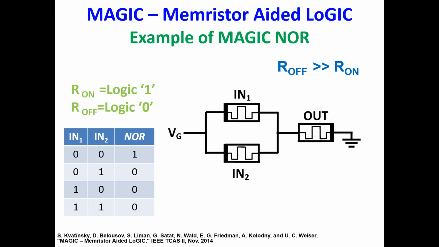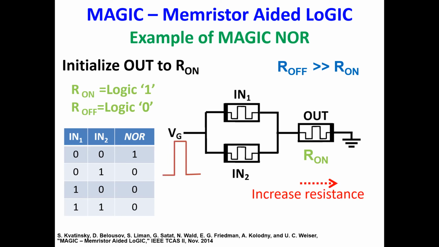And the way that we compute is with 2 steps. In the first step, we initialize the output into the low resistive state, or to 1. And we do it just like the way that we program the device in order to write in the memory. And in the second step, we apply a voltage, VG, to one node, and we put ground on the other node. And then we have current that flows from VG to the ground.